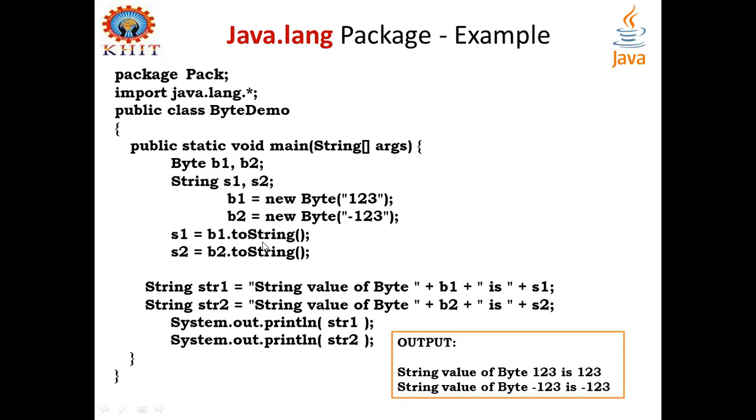That is a string, so that can be converted to numerical values. The string value of byte b1 is s1, so it holds that string value. The string value of this value will be given to this byte variable.